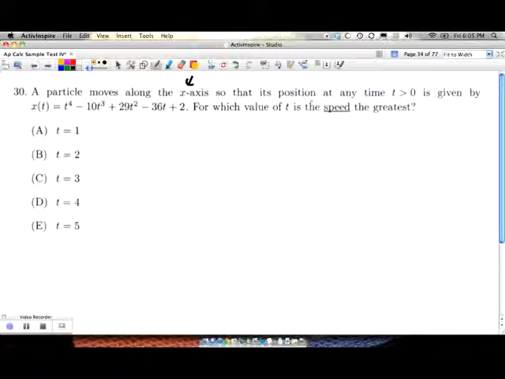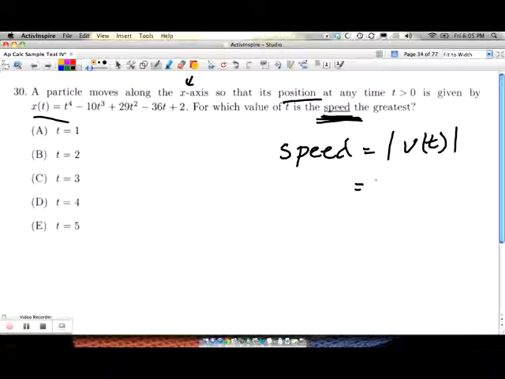The particle moves along the x-axis, so its position at any time is given by x of t. So we're given position. It's asking for which value of t is the speed. Notice that speed equals the absolute value of velocity of t, which in this case is the absolute value of x prime of t.